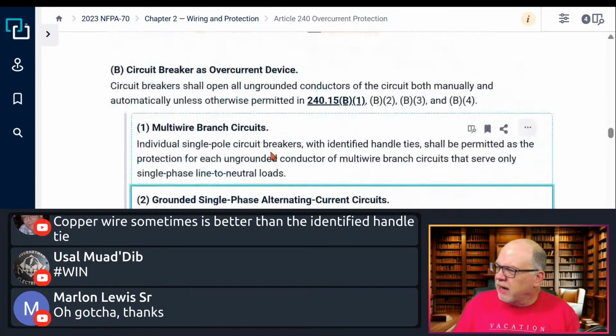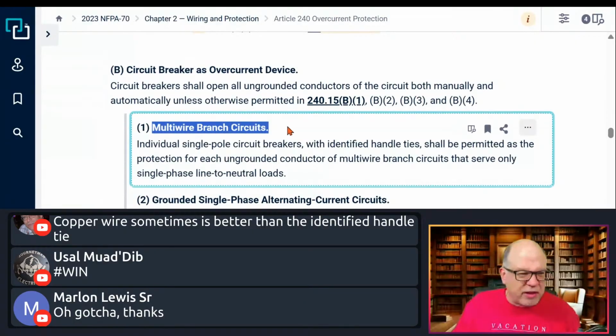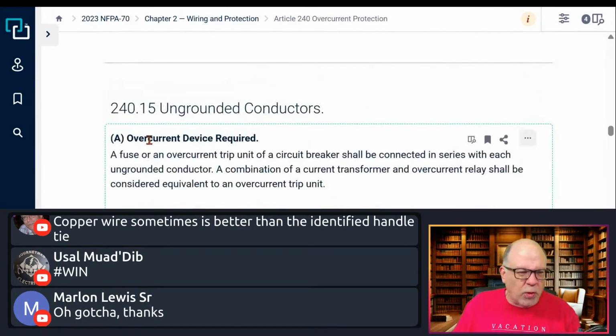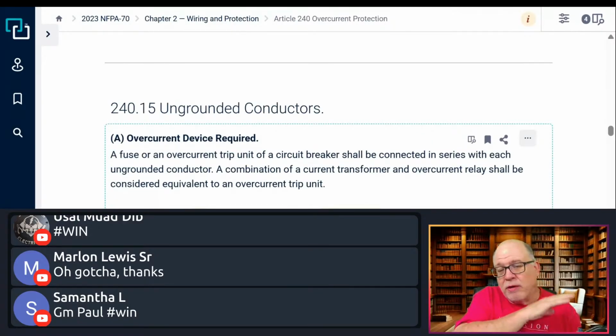Okay, so here we are at circuit breakers as overcurrent devices. Now, multi-wire branch circuits. So where we're at is 240.15. This is another code reference that you have to be aware of, not just 210.4 for the branch circuit and how you deal with it. What's up, Samantha? Glad to have you here. We're not just talking about the multi-wire branch circuit and how you have to run them and terminate them for the 210.4 requirement.